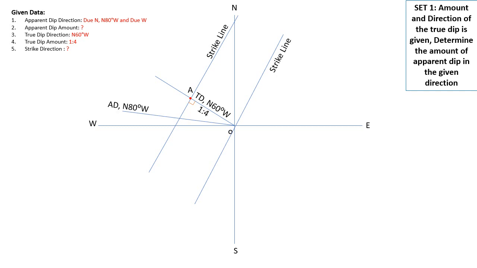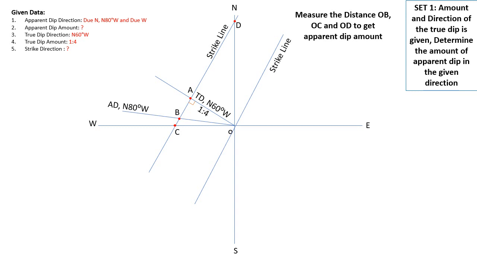So this is the apparent dip direction, that is north 80 degree west. Now what is the required answer? Where the strike line meets the point B, point C and point D, that is due north, north 80 degree west and due west.